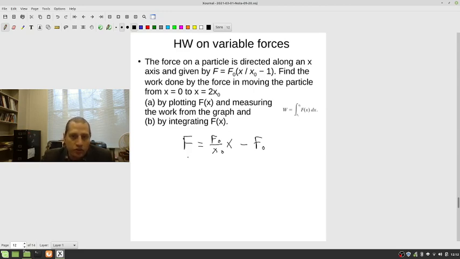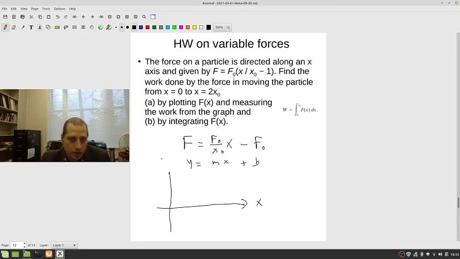So you notice this is in y equals mx plus b type of notation, and it asks you to find the work done by the force in moving the particle from x equals 0 to x equals 2 x naught, first by plotting F versus x and measuring the work by the graph, and then also by integrating F. Okay, so let's try to draw this.